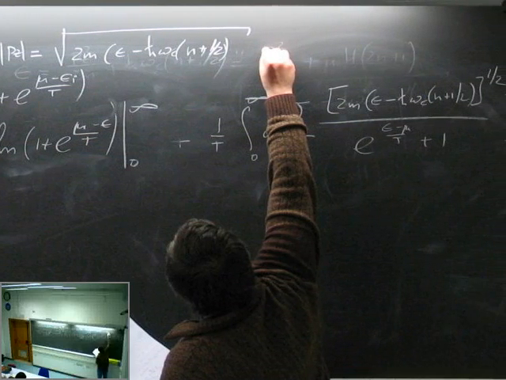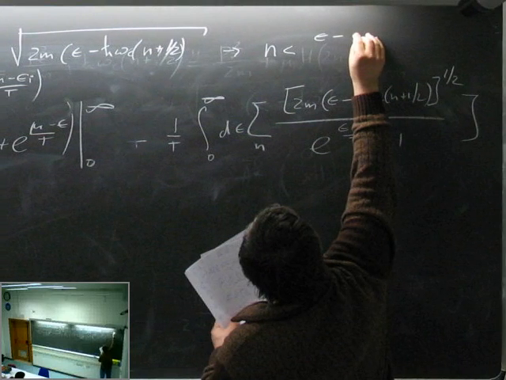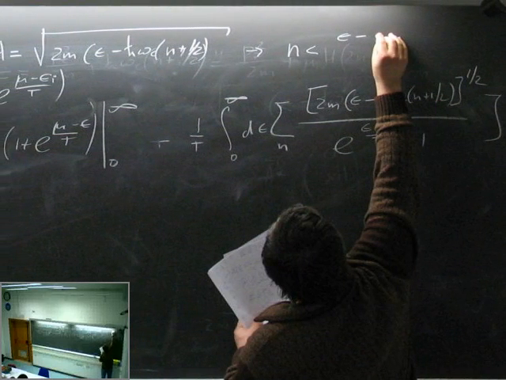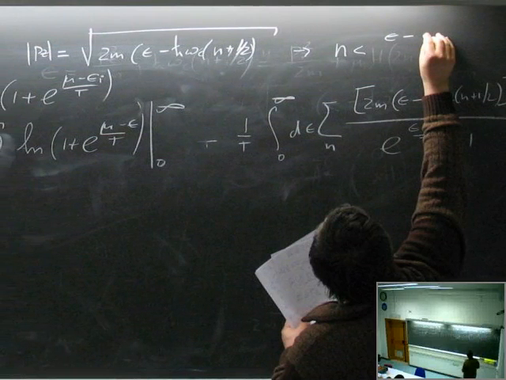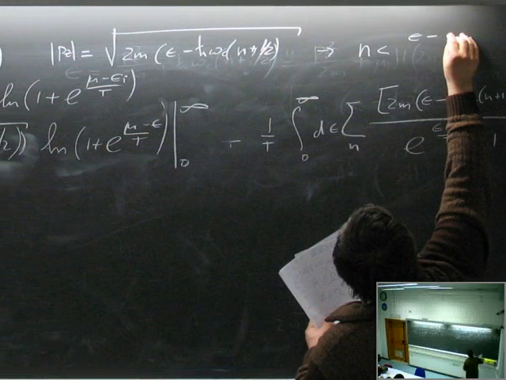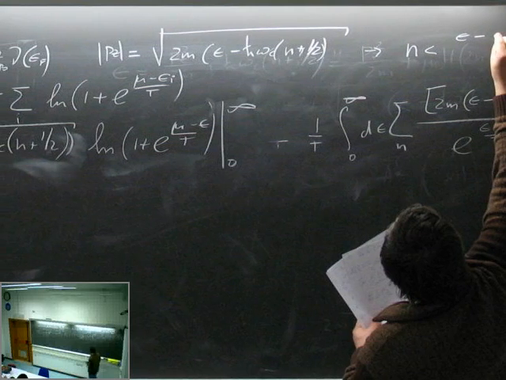So n is smaller than epsilon minus h omega_c over 2, divided by h omega_c, right?